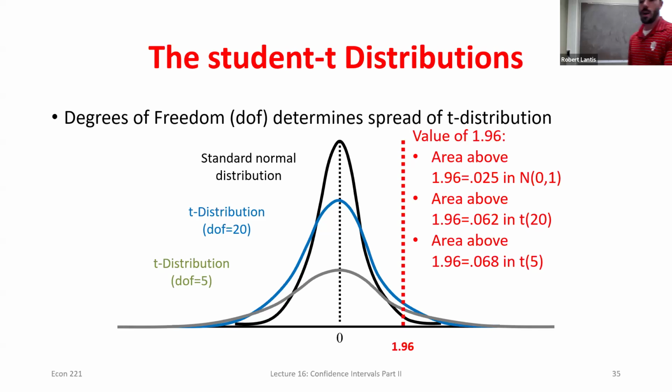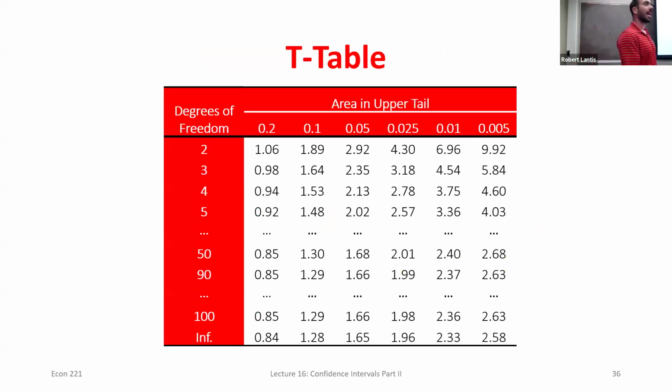Okay? So if I look at my student T table, and I have an actual PDF file which has more degrees of freedom in it that you can pull open and use, and I'll show you in a second. But this tells me the different T values associated with a lot of those benchmark areas in the tail, which I think will make more sense when we start talking about hypothesis testing today.